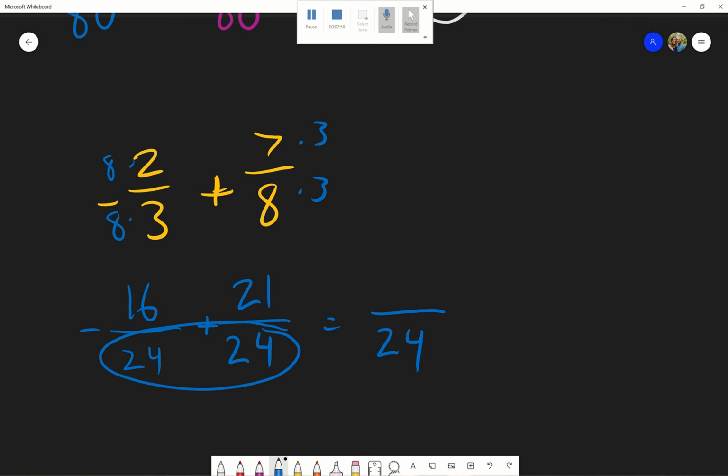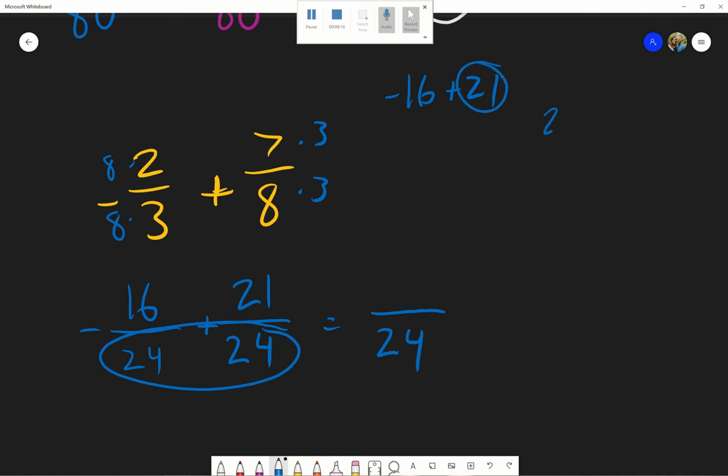Common denominators means my answer has a denominator of 24. And now what I'm left with is the math problem, negative 16 plus 21. Who remembers negative numbers? What do we do when we have one negative plus one positive? We subtract them. And we say, all right, I have more positives, so my answer will be positive.